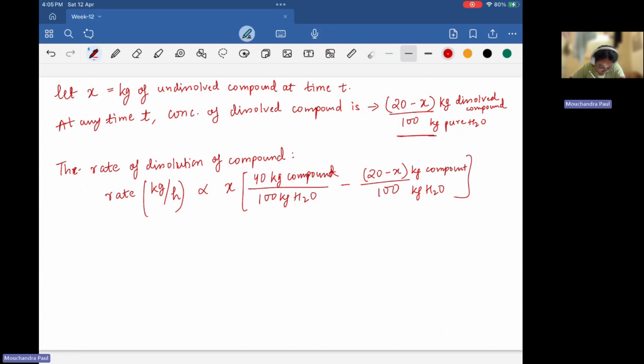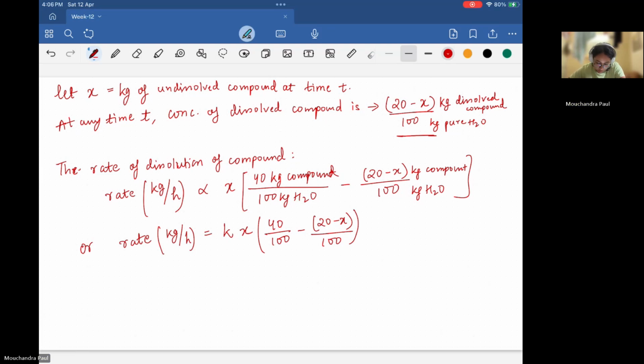Now to remove this proportionality sign, we can add a proportionality constant k. So k into x into 40 by 100 minus 20 minus x by 100.